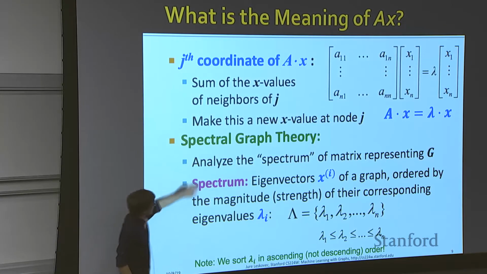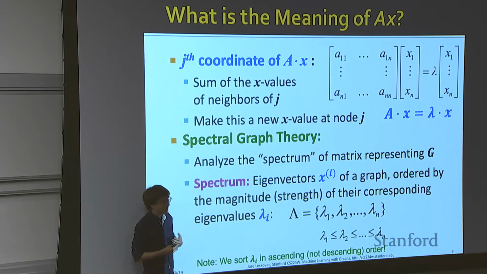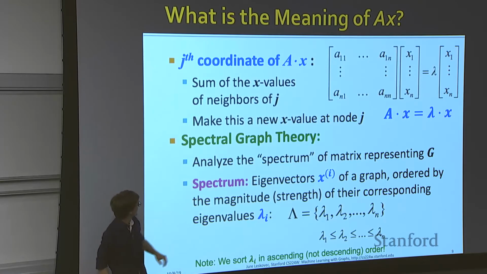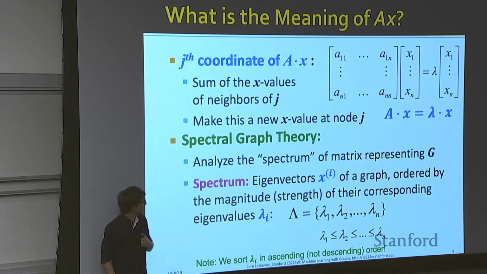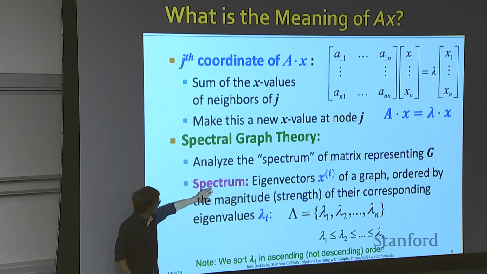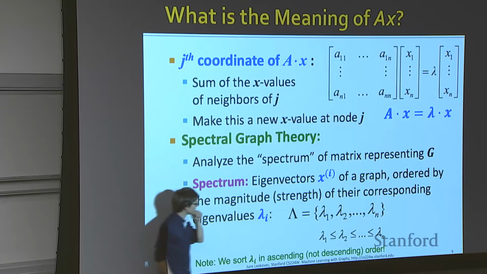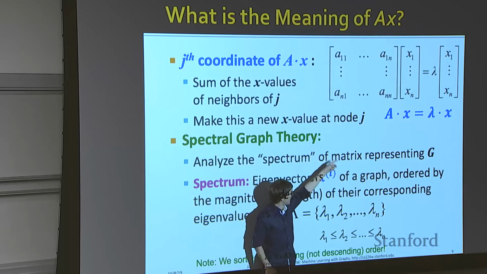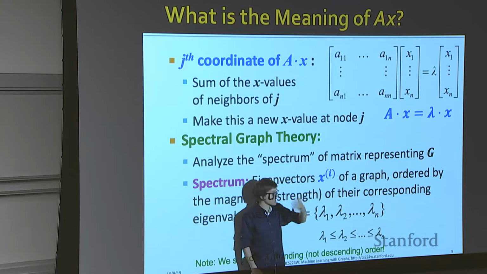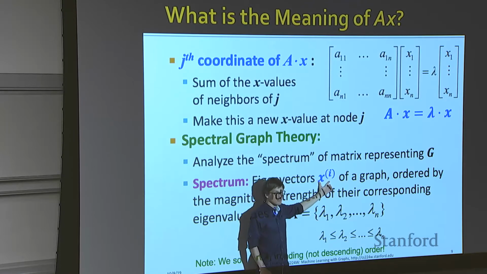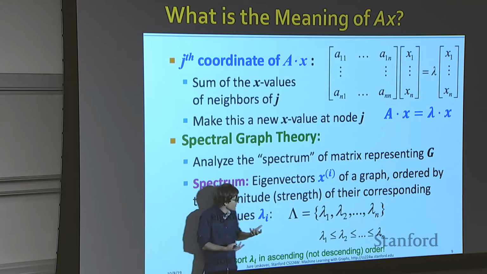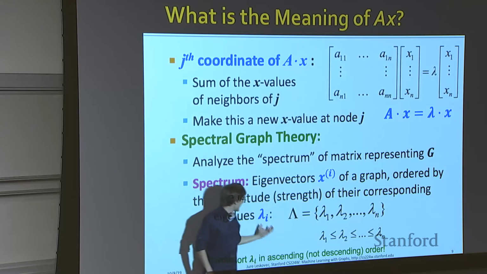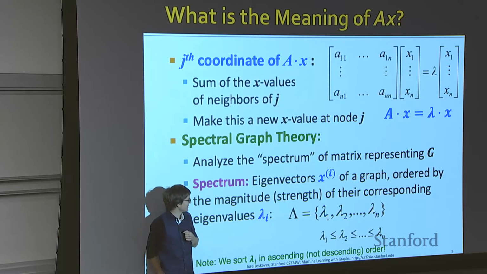So what is spectral graph theory? Spectral graph theory is a branch of applied mathematics that analyzes the spectrum of a matrix representation of the graph. So what is a spectrum? Given a graph, its adjacency matrix A has a given number of eigenvectors and corresponding eigenvalues. And the question is, what do these eigenvectors and eigenvalues tell us?